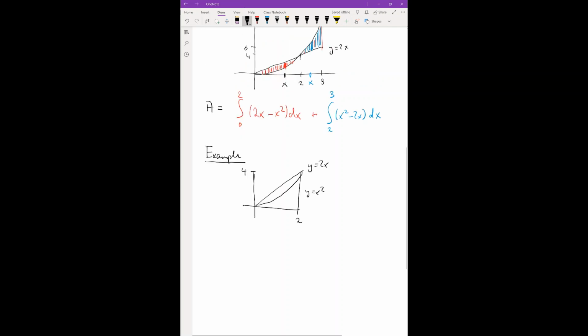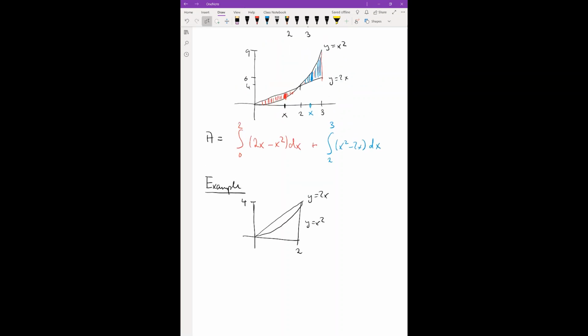But now I just do it between 0 and 2. So I look at this region here, and I want to compute again the area between the two curves, this thing here.